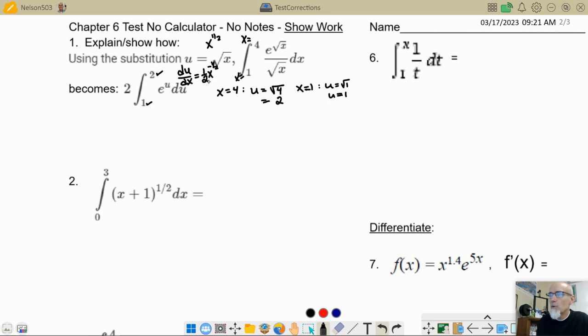If I move the dx to the other side, now I've got du equals 1/2 x to the negative 1/2 dx. Okay, look at this. Right down here in the denominator, I have an x to the 1/2, and because it's in the denominator, that's the same thing as having 1 over 2 square root of x. That negative means the square root's in the denominator, dx.